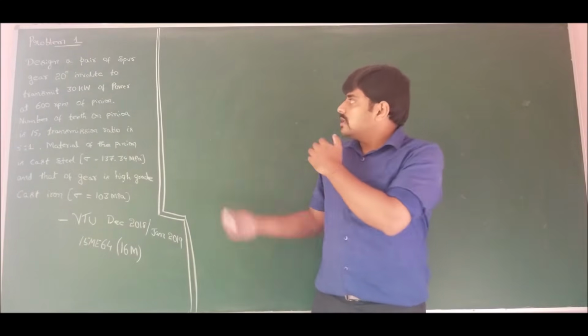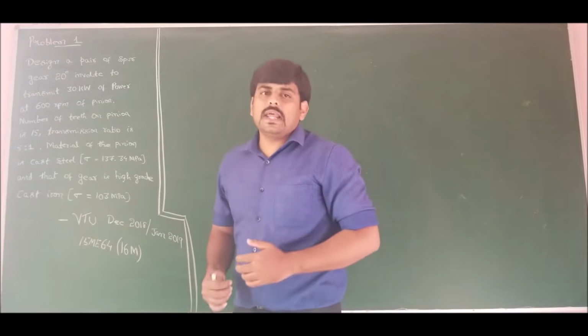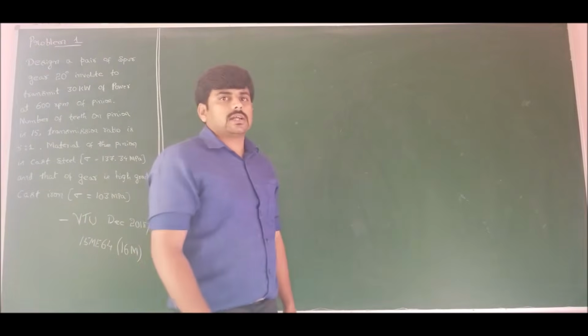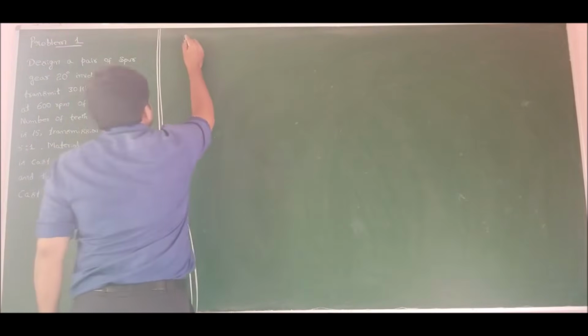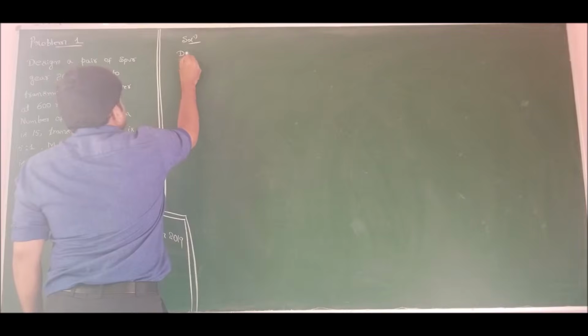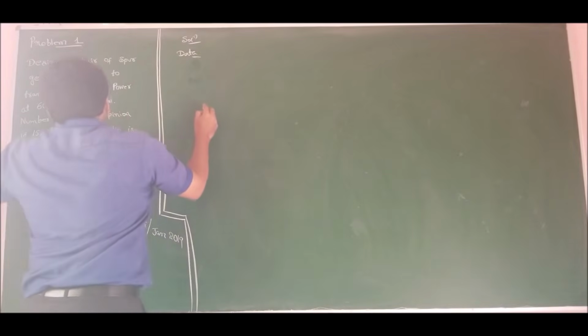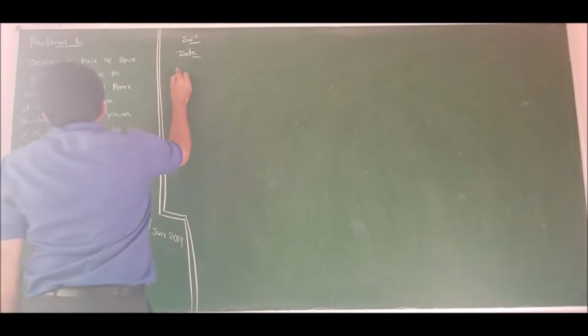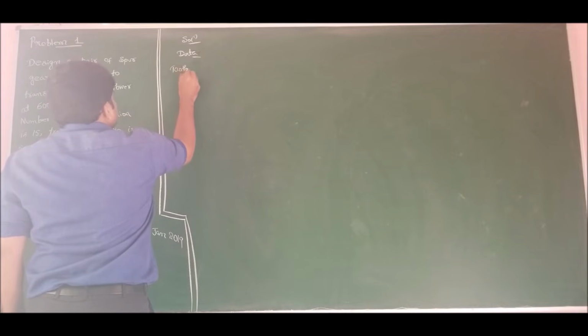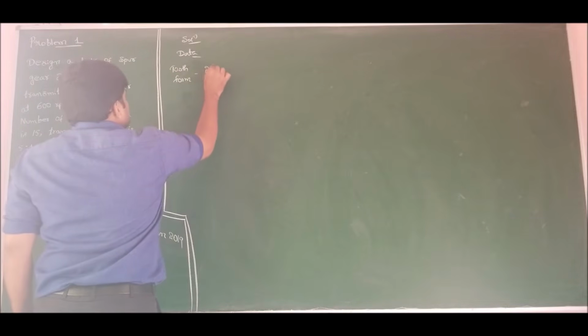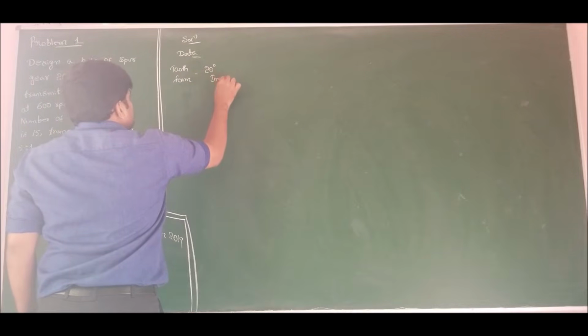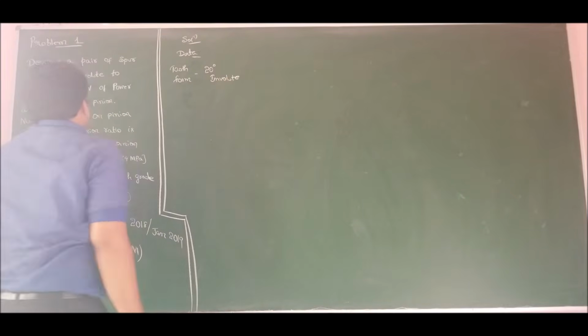Let us list out the prerequisites properly and then we will enter the procedure. The data given for this problem are: we want to design a spur gear of 20 degree involute tooth form.